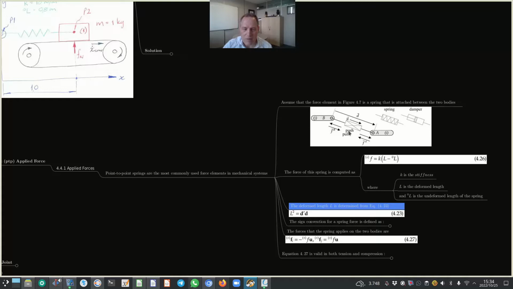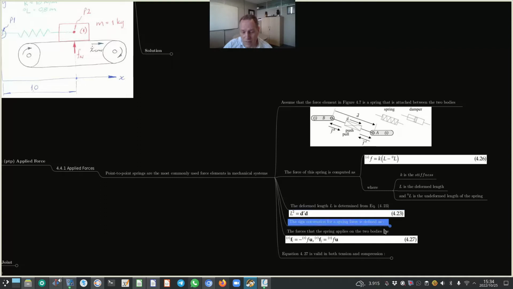So very simple. It's just a vector loop. So hence, if we have the coordinates of points B and A, we can find the components of vector D, and with the components of vector D known, we can find the deformed length of the spring. Okay, so let's carry on.